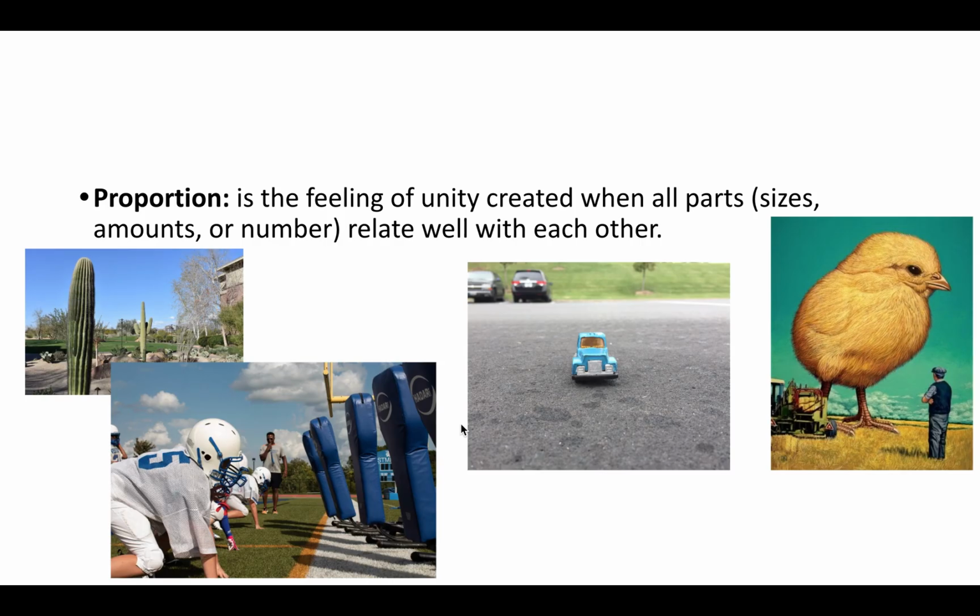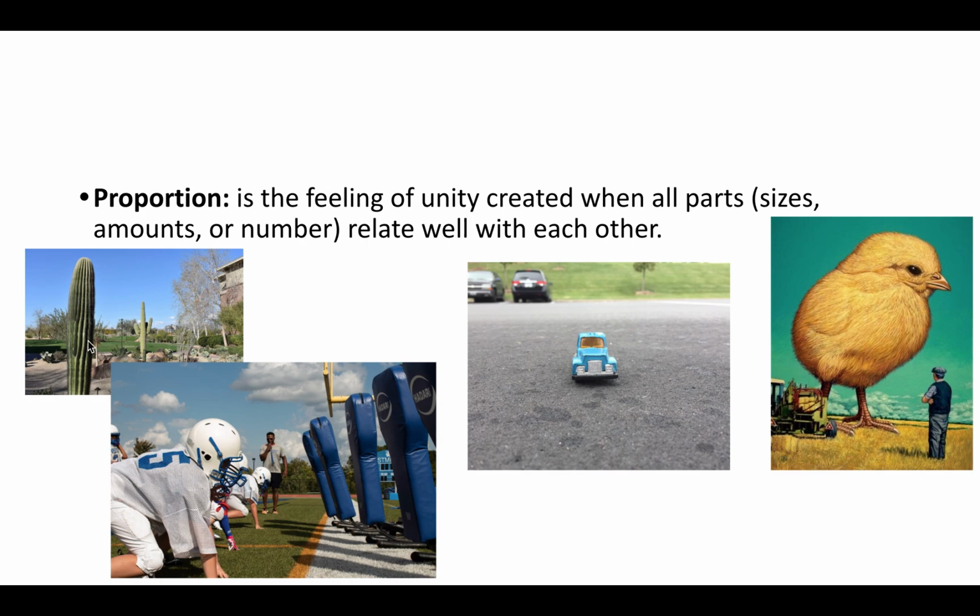All right, proportion. Sometimes artists and photographers play with proportion to show visual interest or to show depth. For instance, this photo is interesting. It shows proportion because this football player is very large in the front, but here Mr. Layton looks really tiny compared to the size of this player.